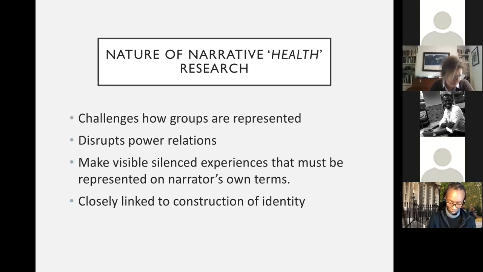So it brings in the idea of power relations; narrative research for health-related work has to do with bringing the question of power into the discussion. But more importantly, like I mentioned, it is to make those voices, and I'm using the word voice very consciously here, which have been silenced for a long time, have a platform to discuss their experiences.